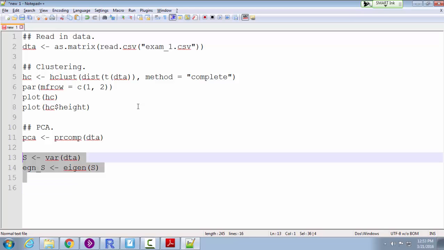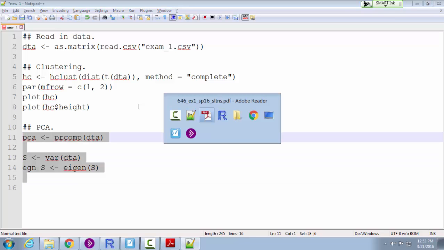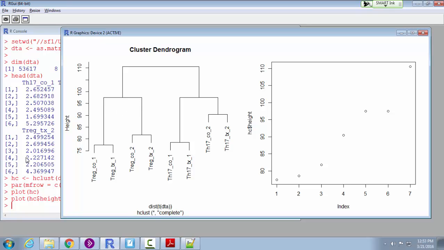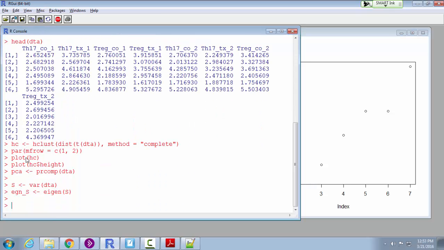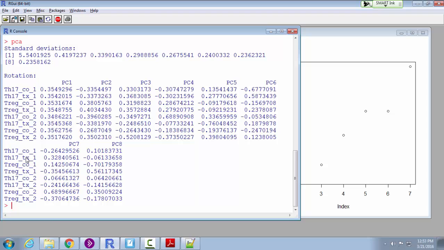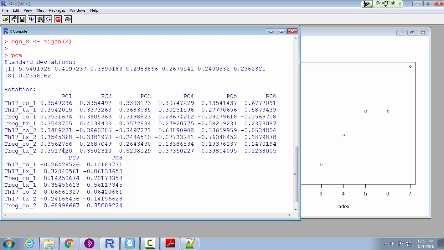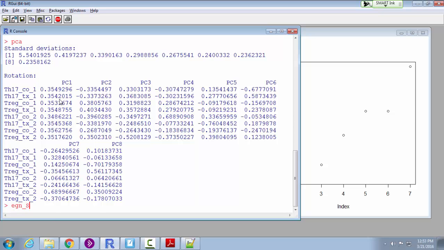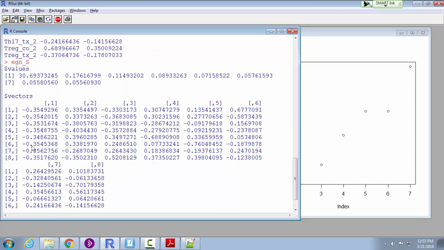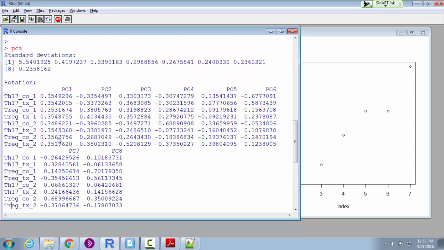Let's do that and then verify that we're doing what we think we are. So PCA looks like that. These are the eigenvectors of the covariance matrix. If I do eigen of S, the first column, the first eigenvector, is the same as this column here, except that the sign has been negated.